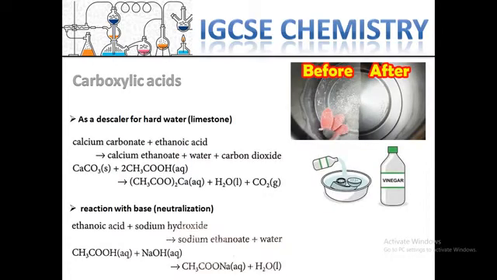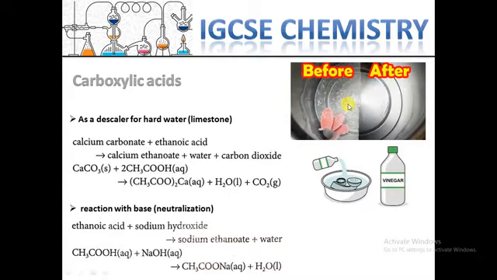And the next one is the application of carboxylic acid. Carboxylic acids can be used as a descaler for hard water. We had a very short discussion about limestone.